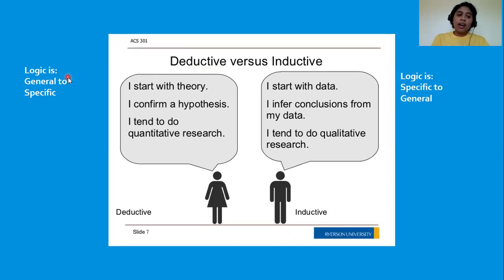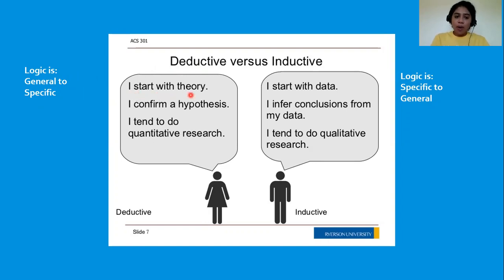Deductive reasoning follows logic that is general to specific, meaning we start with a general idea and then apply that general idea to a much more specific situation. Deductive reasoning generally starts with a theory.